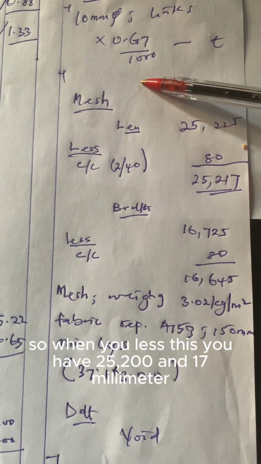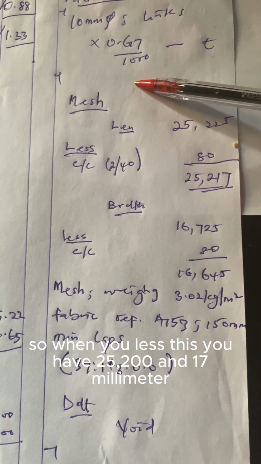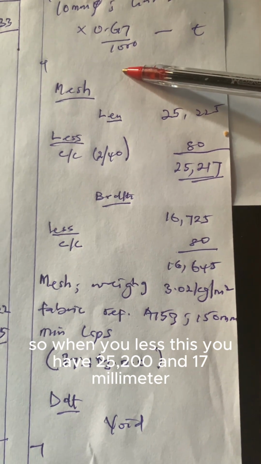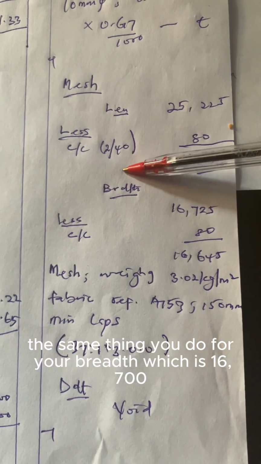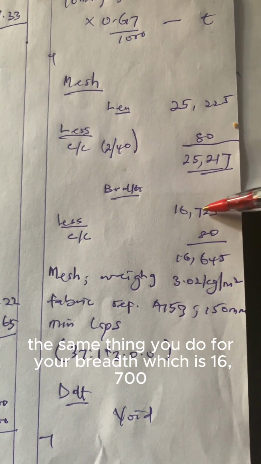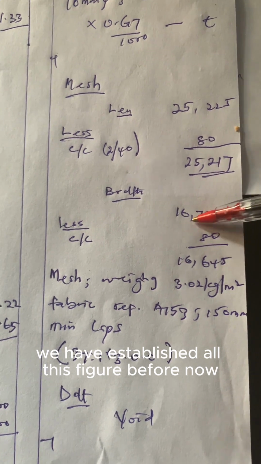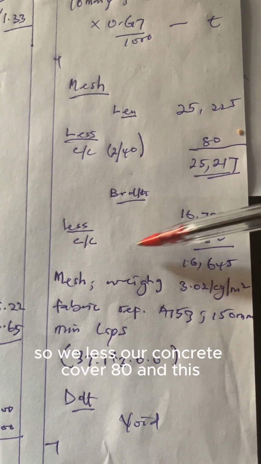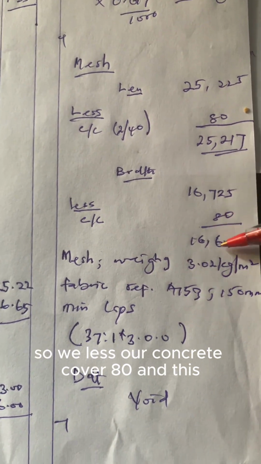So when you less this, you have 25,217 millimeter. The same you do for your breadth, which is 16,007. We have established all these figures before now. So we less our concrete cover 80 from this.